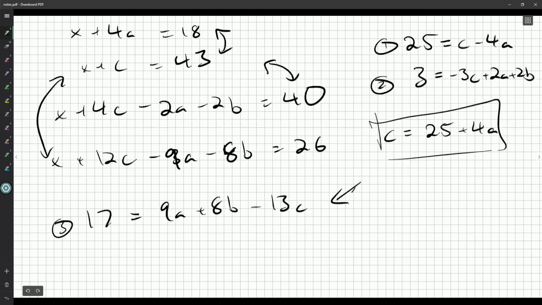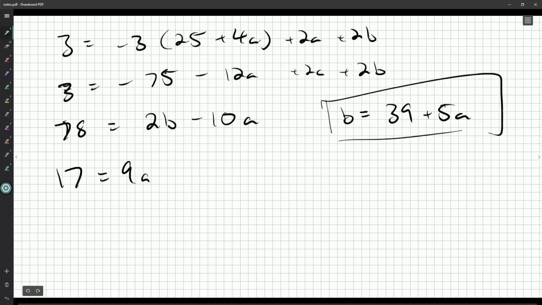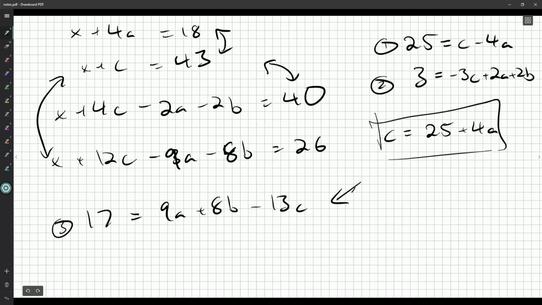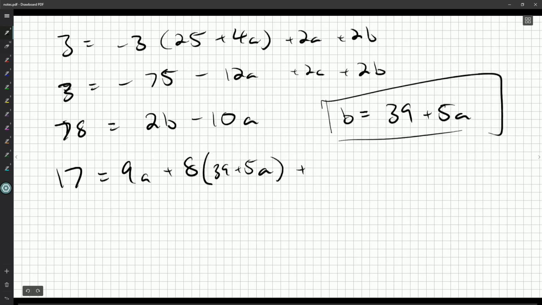So 17 is 9a plus 8b. That's going to be 39 plus 5a minus 13c.